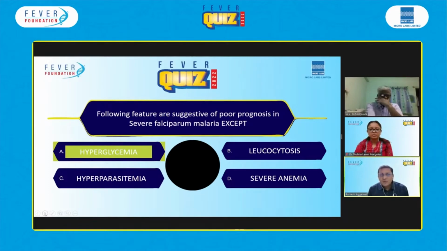And earlier, when quinine was very commonly used, it was one of the major causes of hypoglycemia in patients. Vomiting and decreased appetite by the patient all lead to hypoglycemia. It is one of the important things that residents and doctors should be aware of: when we treat malaria, the sugar levels may go down.